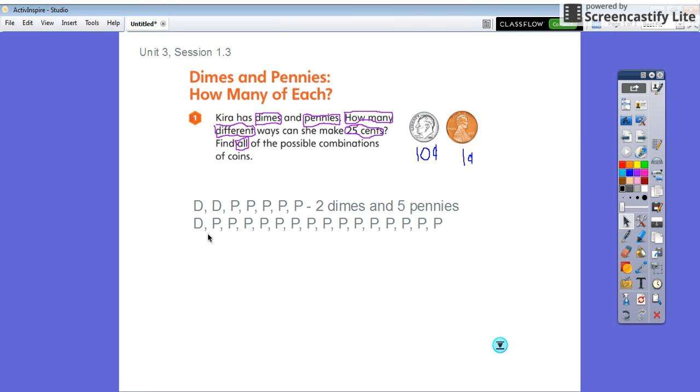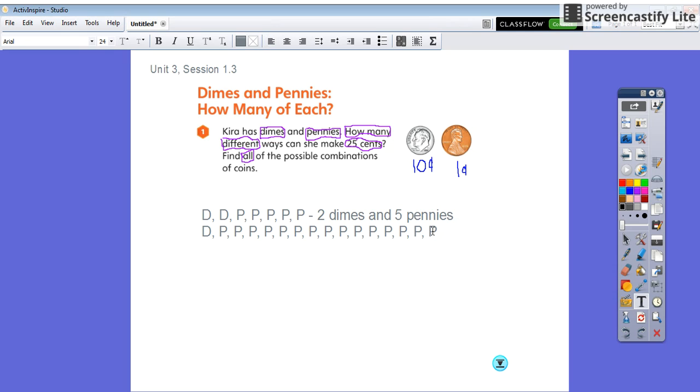I just wanted to double check that I counted correctly, because it's easy to get lost. So in this case, it would be 1 dime and 15 pennies.